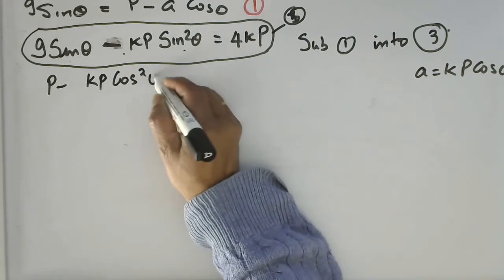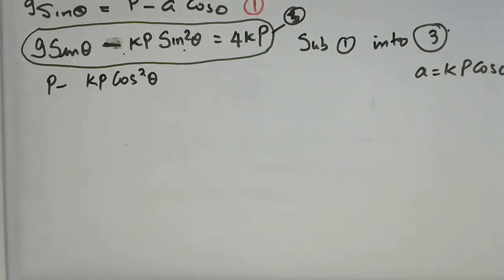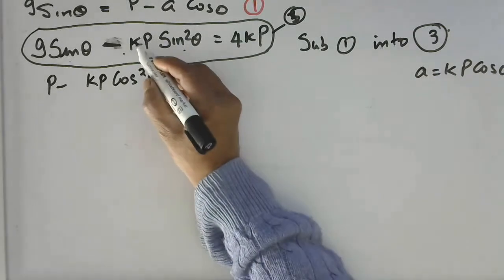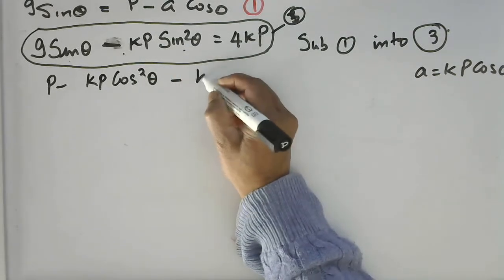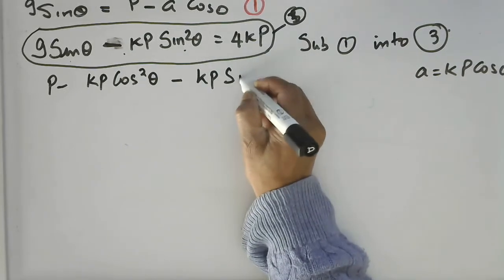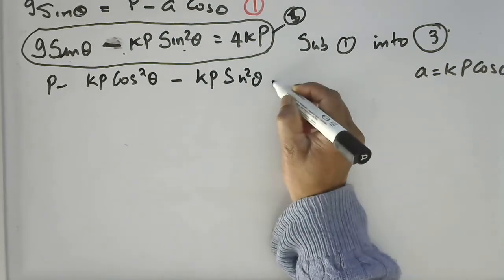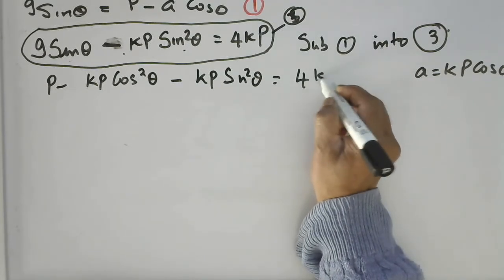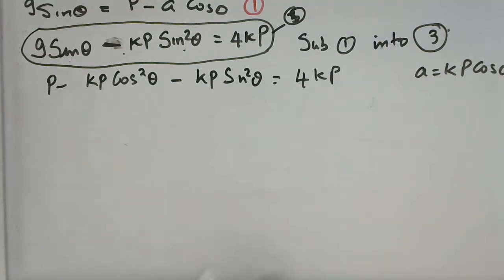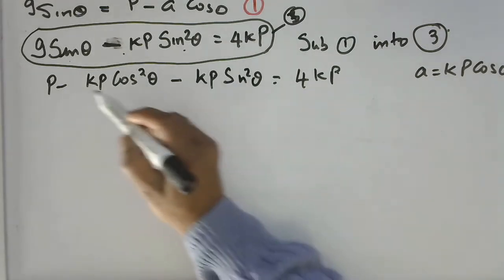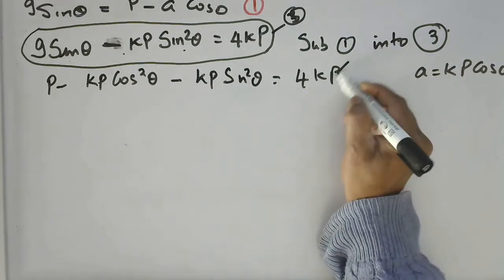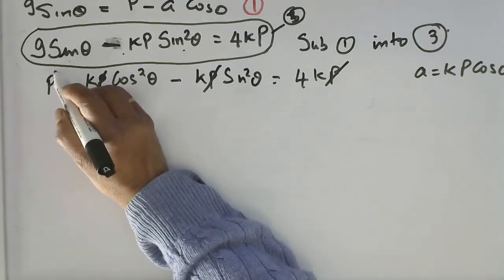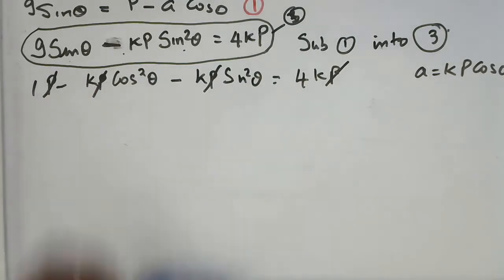Then minus kp sine square theta equal to 4kp. Now you can see we have p here, p here, p here, p here, so I'm going to cancel all the p's. So that will be 1 now, right?